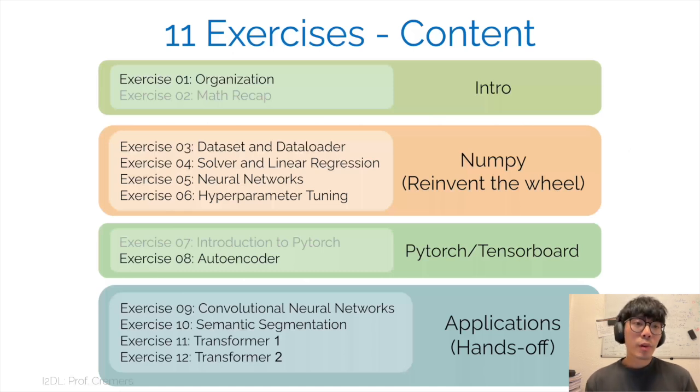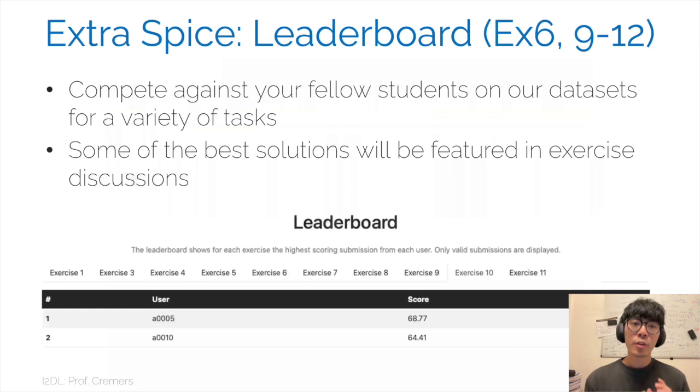When you have submitted your homework to the submission system, there will be a leaderboard. In the exercise, you are required to train a network, and you may also need to tune the hyperparameters to have a better result or better accuracy. This accuracy or score will also go into the leaderboard, so you can compare yourself to your fellow students.